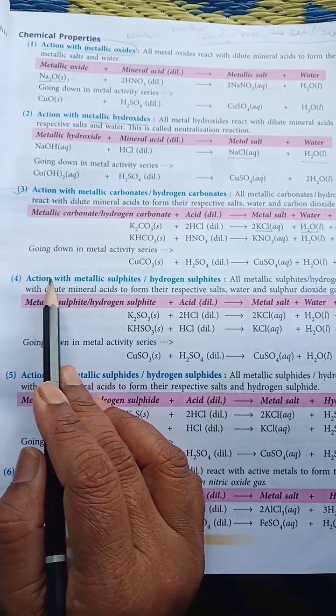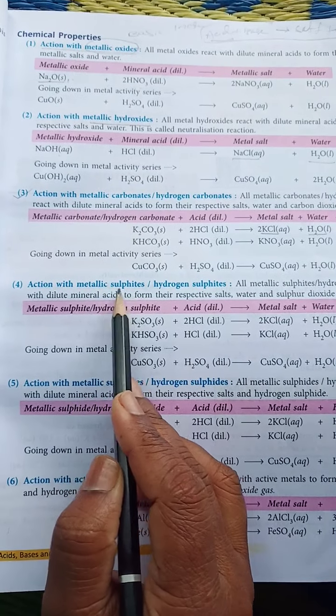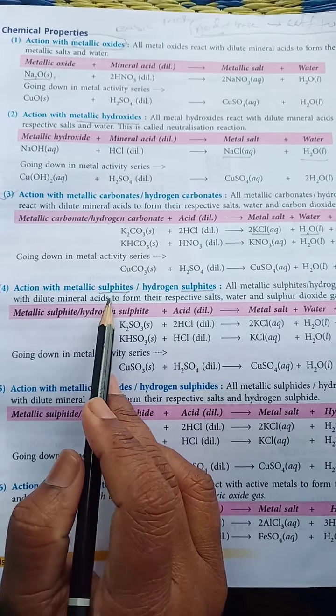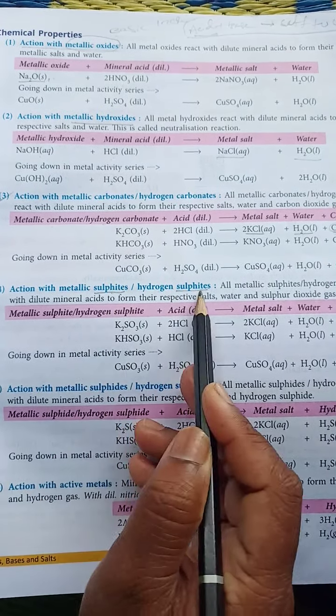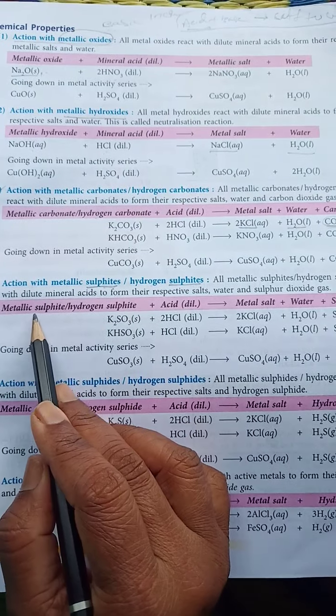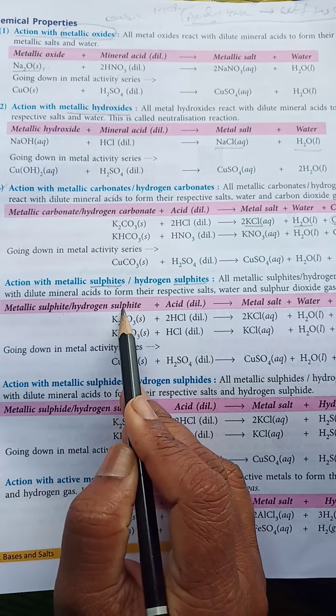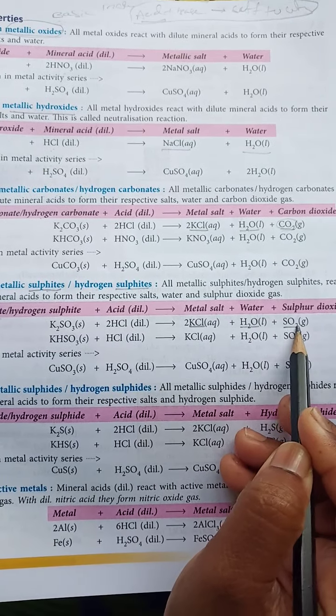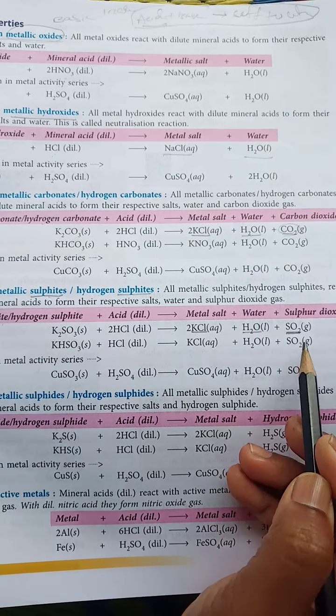Again, the fourth reaction, action with metallic sulfites and hydrogen sulfites: we get salt, water, and additionally sulfur dioxide gas.